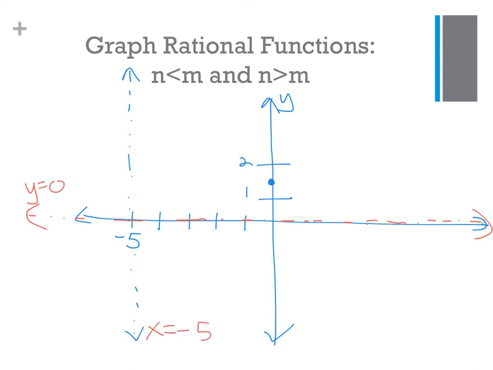And when I graph the function, I'm going to pick some additional points. To pick some additional points, I have to plug in other x values for the function and then determine what the y coordinates are. So let's try x equals negative 1 and x equals positive 1, so I can see what the graph is doing in this region.